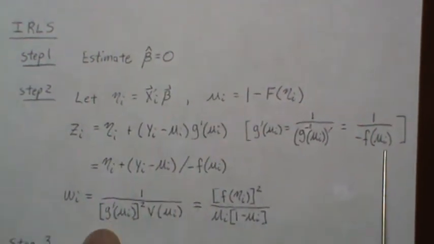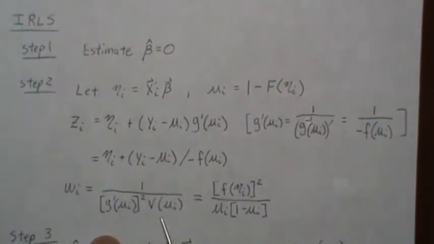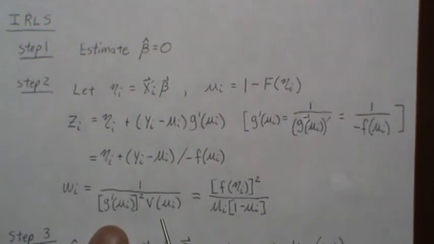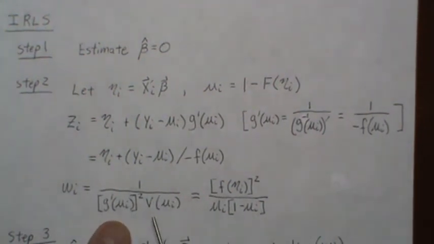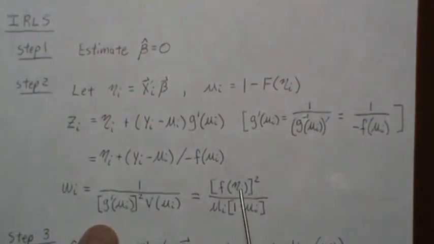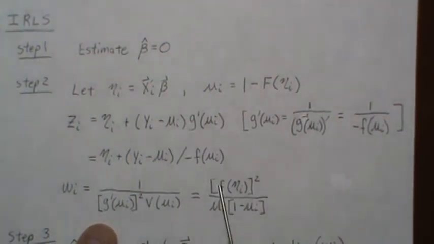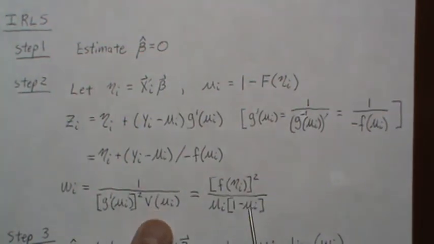Okay. So now the weight is, this is the formula that we used in the fourth video in the playlist. And then this we discovered was this, and so we have to take the reciprocal. But when you're squaring something, we can get rid of that negative out front. Variance function is mu_i times 1 minus mu_i.